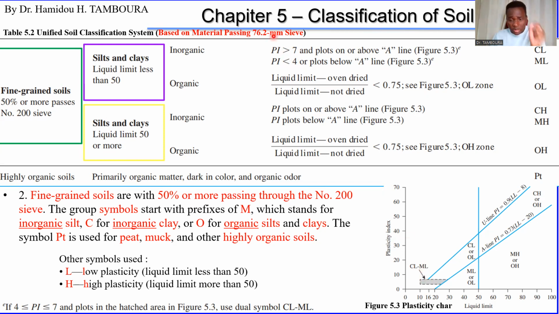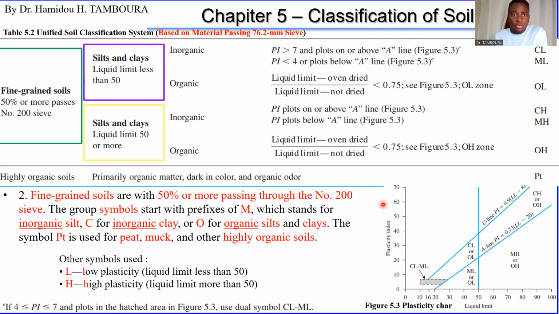And if it is 7, you also have to use this double symbol. If it is between 4 and 7, you also have to use this double symbol, CL-ML, both of them, if you are in this area. Okay, just remember that.